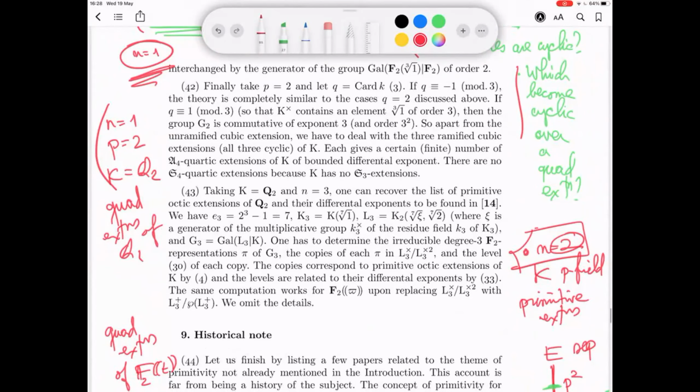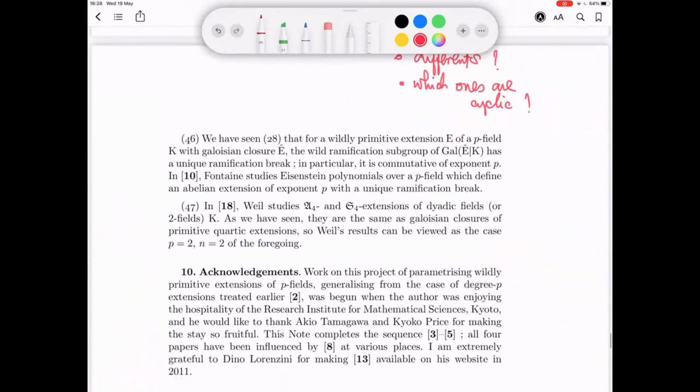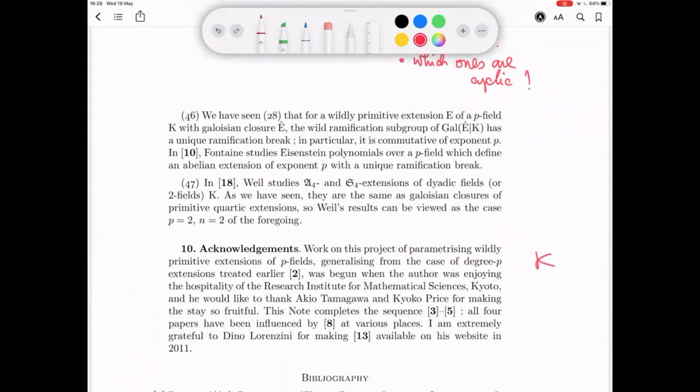So here is another question which arises. Suppose I have a p-adic field K and I have a degree p extension K1, and then I have K2, which is also a degree p separable extension. Or I have two of them, K2 and K2 prime.